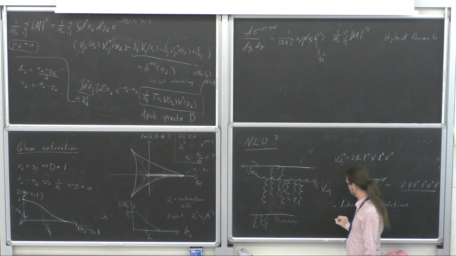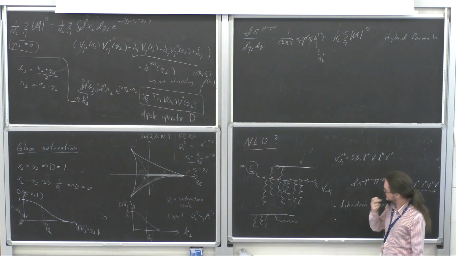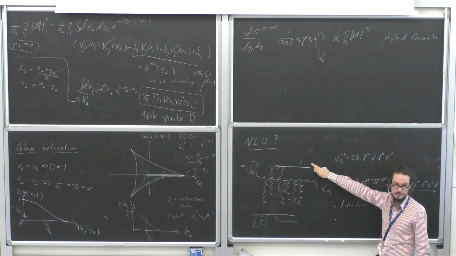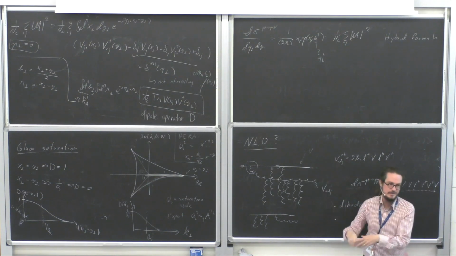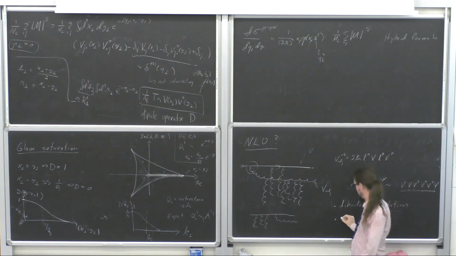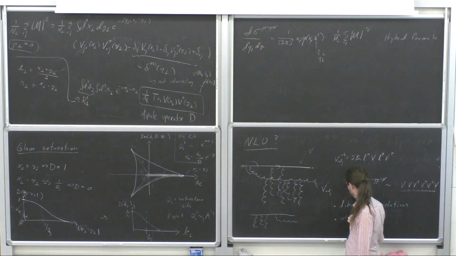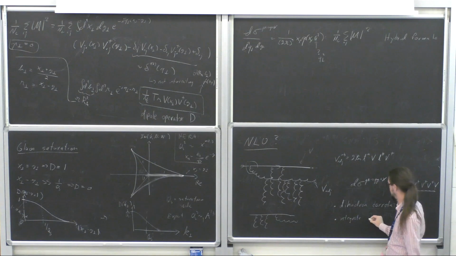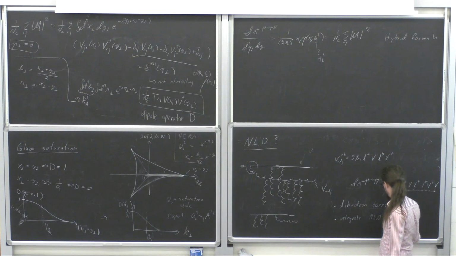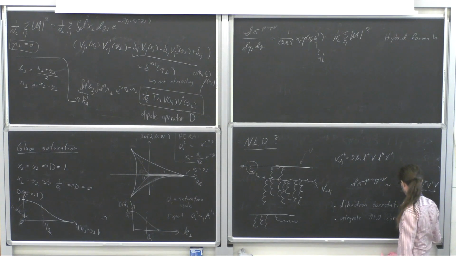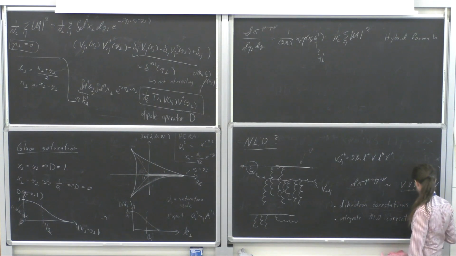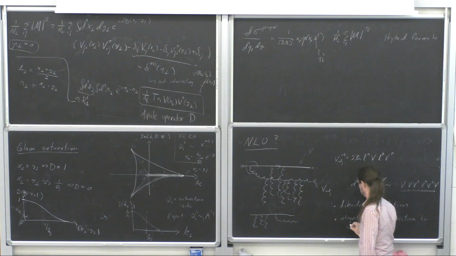Then, of course, what you can also do is integrate over one of these particles, so calculate two-particle production, then integrate over the other particle. That is a part of NLO corrections to single inclusive production.